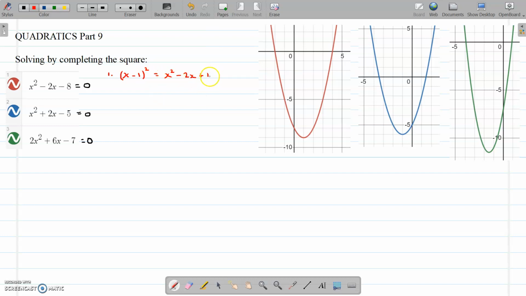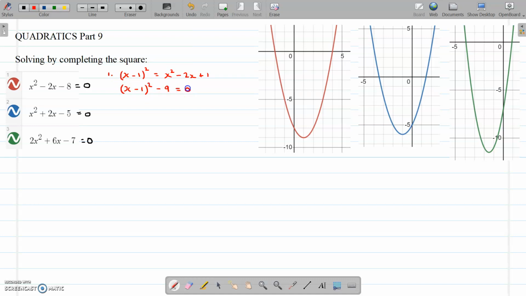But it's the 1 I've got now that I need to adjust to give minus 8. So I need to take away 9 from this. So my original equation can be written as x minus 1 all squared minus 9 equals 0.